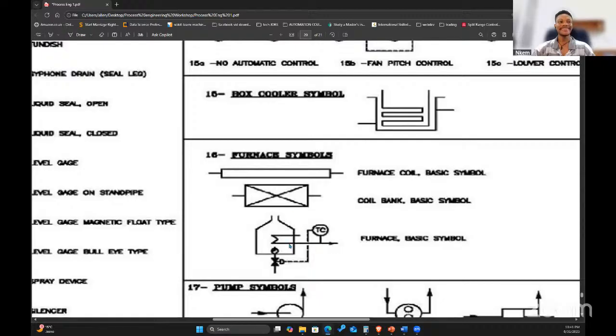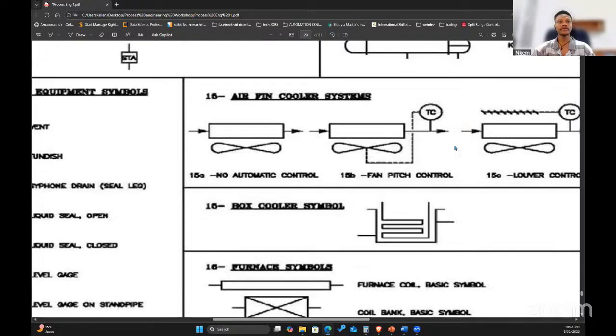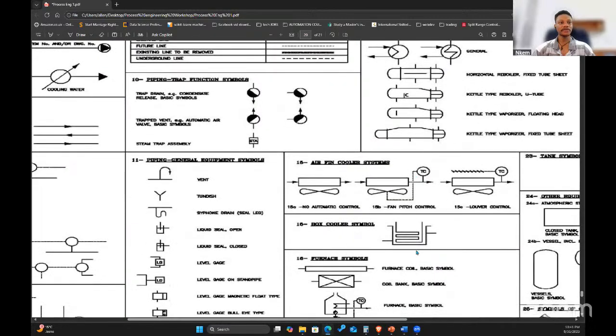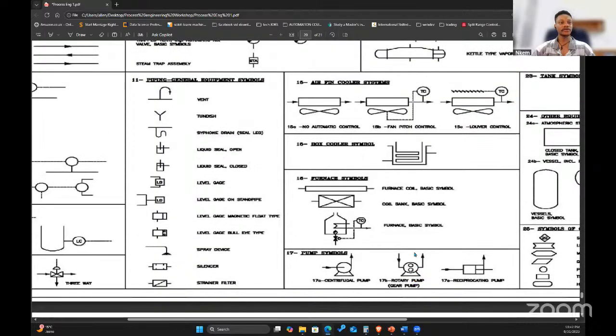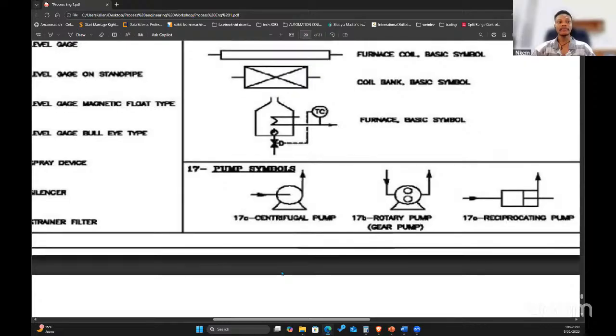So now this oil will be sent to the reboilers, and the reboilers will use it to heat up the columns. The distillation columns, which you are using for your fractionation or whichever process that you are doing with your distillation column. And then you have the pumps.